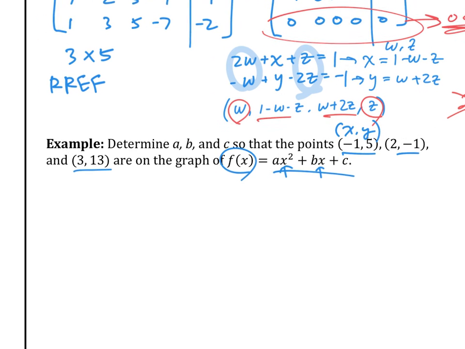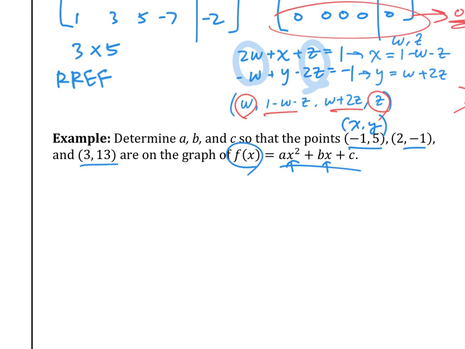That means when you have that point -1, 5, it just means when x is -1, y is 5. And then you can do that with every one of those 3 points. So the second one would be -1 equals a times 2 squared plus b times 2 plus c.